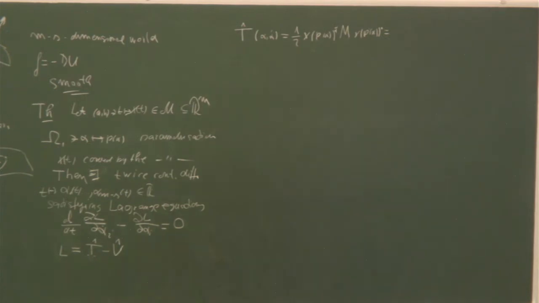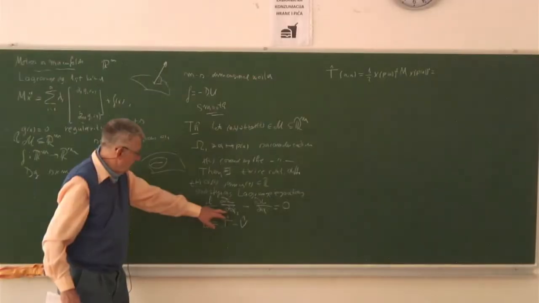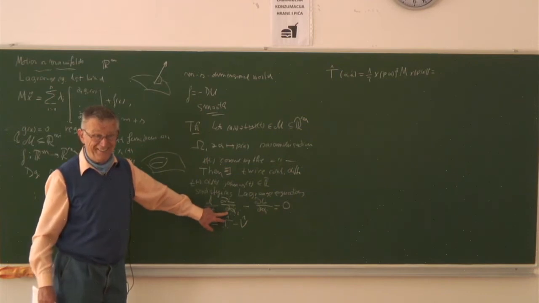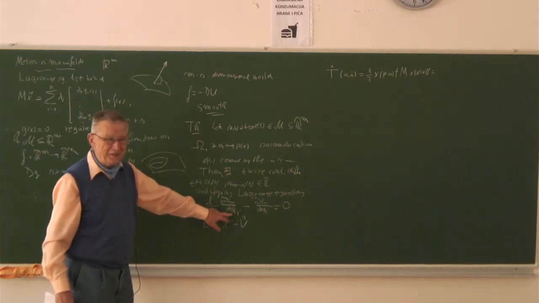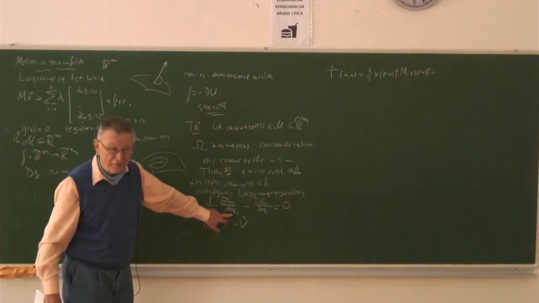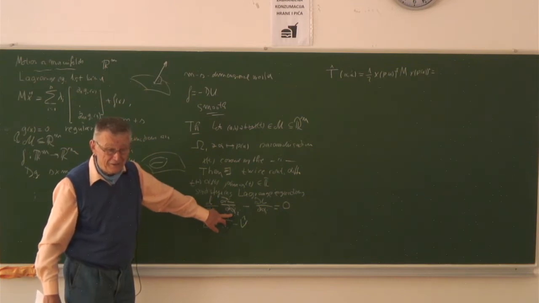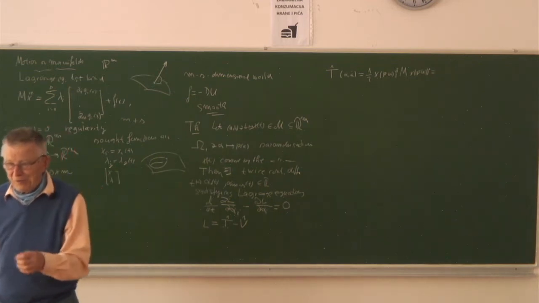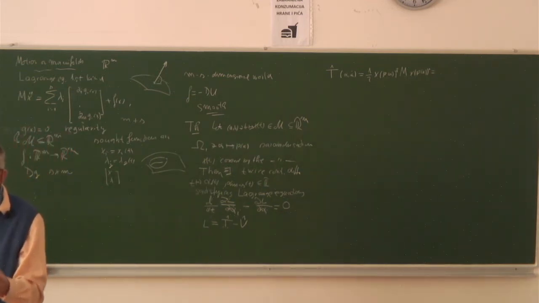So this formula has to be understood properly. You may ask, what do you mean by differentiating with respect to a velocity? Because this is a velocity, it is itself a derivative. But it is a symbolic way to write down a very complicated formula in a compact way, which can be well understood once you know what is meant.